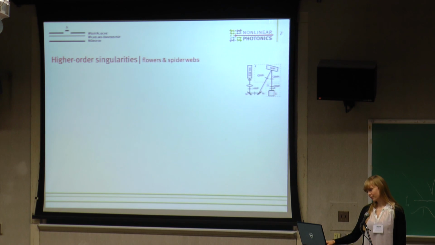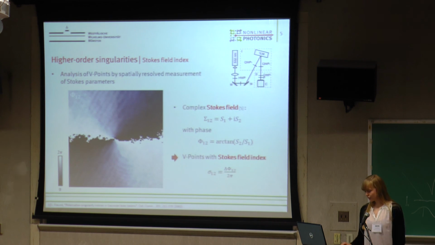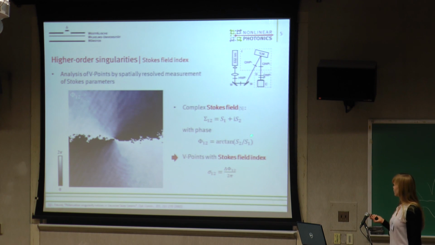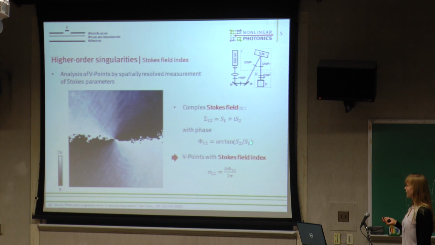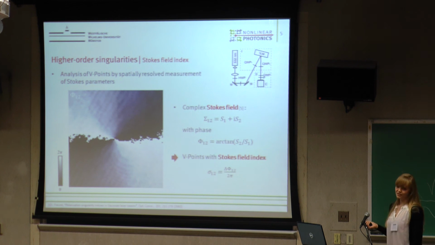So this is not the dynamic phase of our light field. This is the phase of this complex Stokes field. It's not the normal phase. It's the phase of the complex Stokes field. Yeah. Okay.